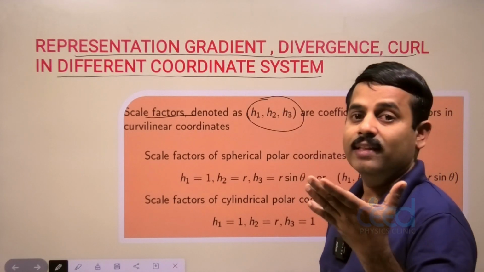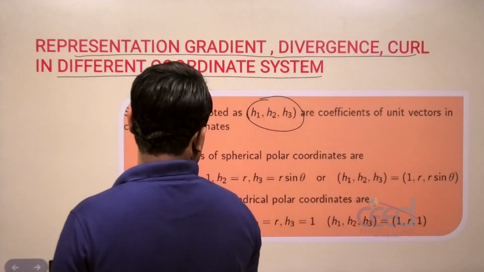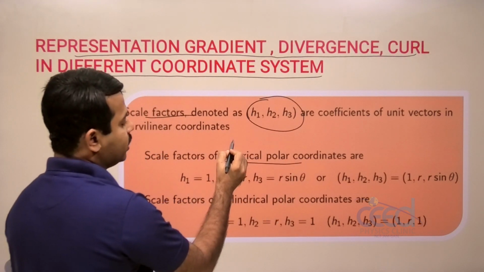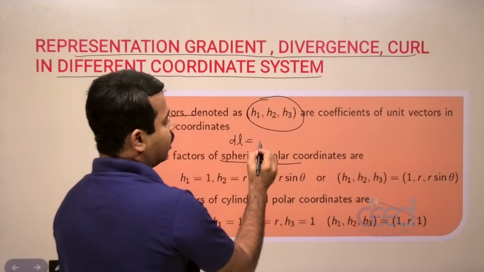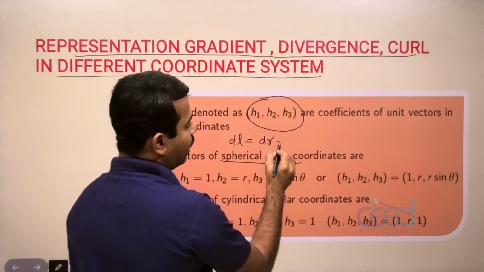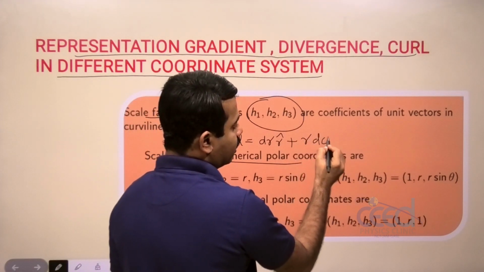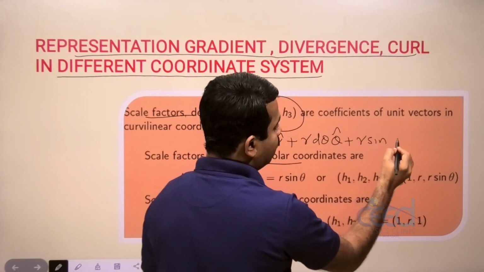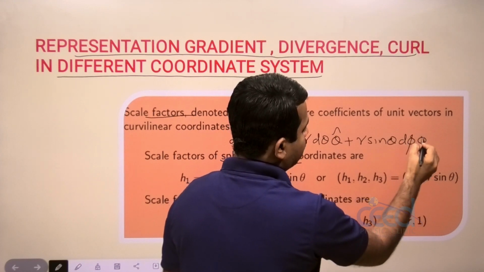We studied the length element in different coordinate systems. For example, in spherical polar coordinate system, what is the length element we take? dl is equal to dr r cap plus r d theta, theta cap, and r sin theta d phi, phi cap.